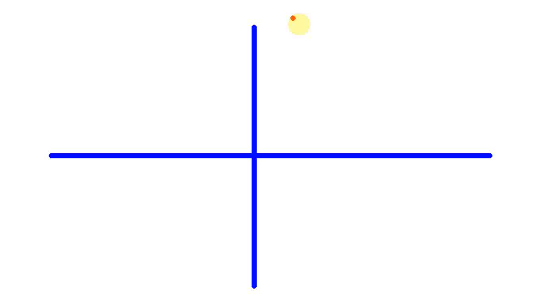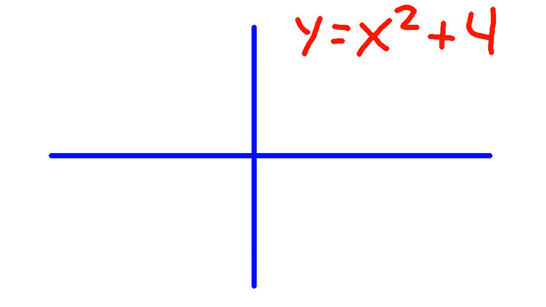Well, say we want to graph y equals x squared plus 4. That would be a vertical shift of the basic quadratic function. So it would look something like that, with a y-intercept at 4.